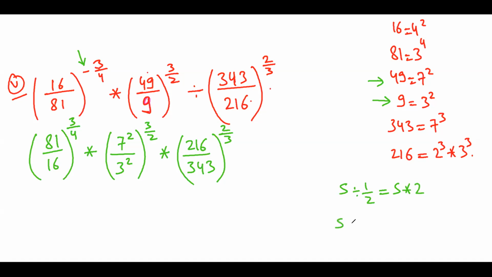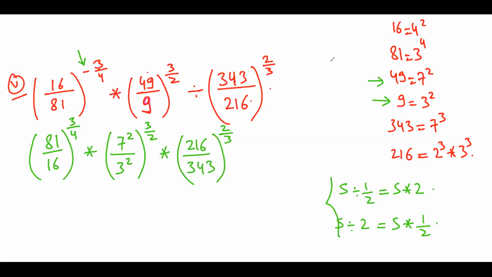And if it is 5 divided by 2, then if I make this divide as multiply, then I'll have to take a reciprocal of this number. So the same logic I'm trying to apply here. Divide becomes multiply, and therefore this number inside the bracket, I can take the reciprocal of that number.